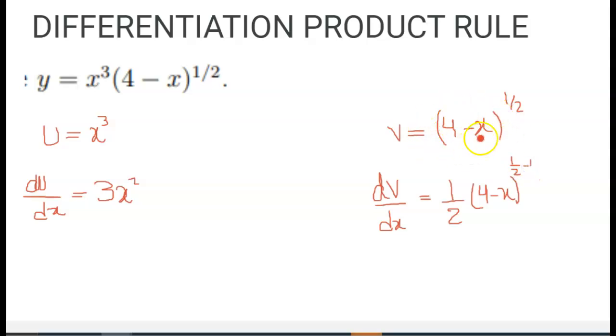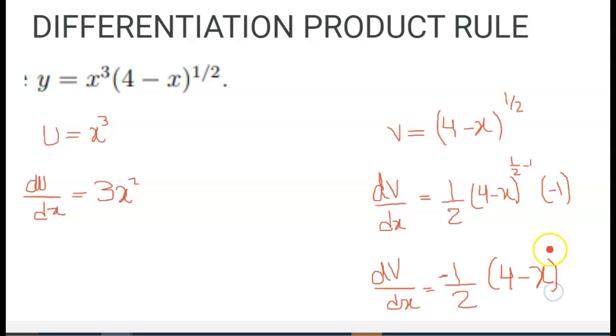Then you need to differentiate the bracket. The differential of the 4 is 0, and the differential of minus x is minus 1, so a minus 1 will appear here. If I simplify that, dv over dx equals minus half, times (4 minus x) to the power minus half.